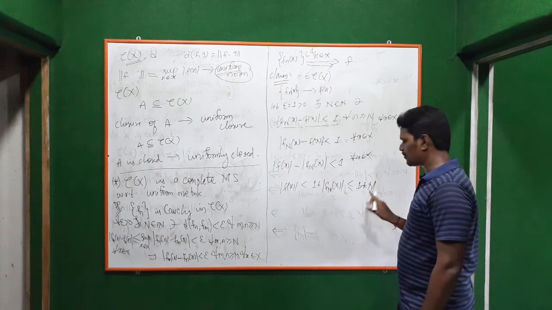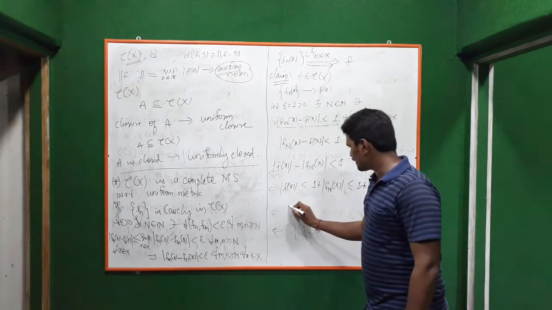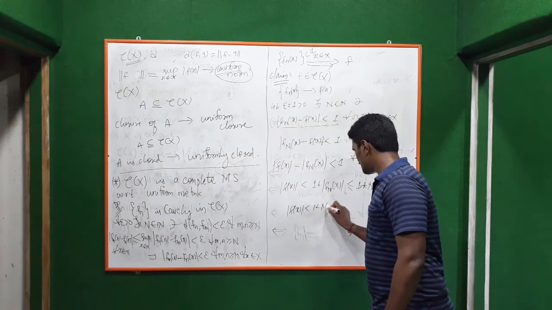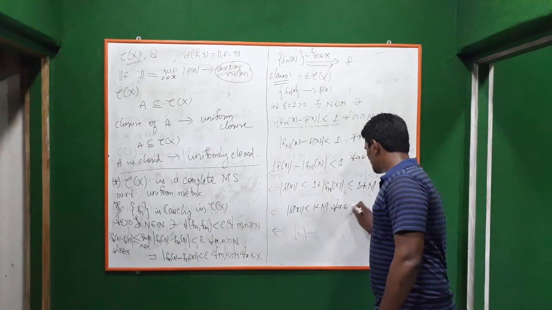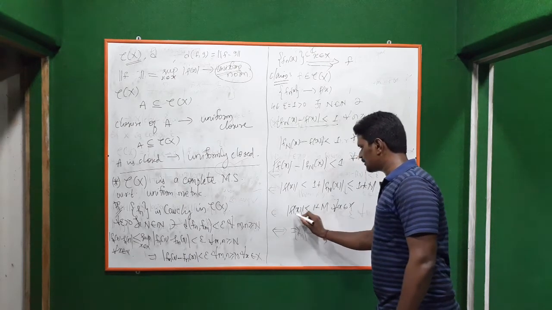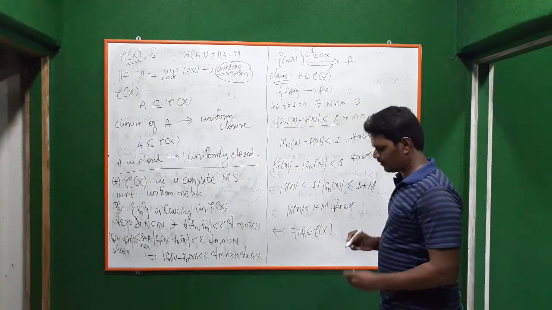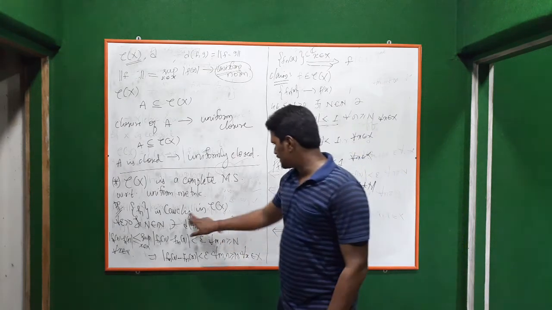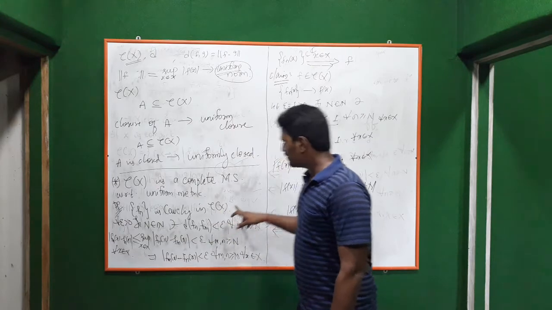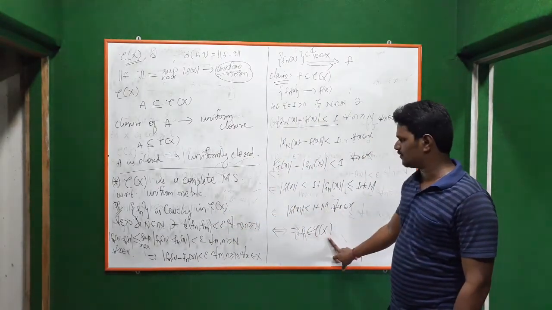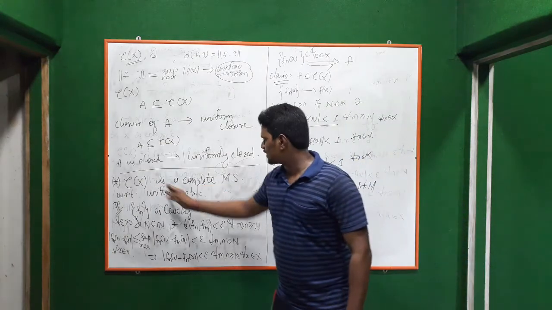So here what we have got: mod f of x is less than 1 plus M for any x in X. So this means that f is a bounded function. So f belongs to C of x. So whenever you consider a Cauchy sequence inside C of x, that sequence will always converge inside this C of x. So this is a complete metric space.